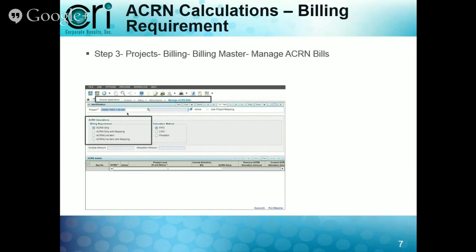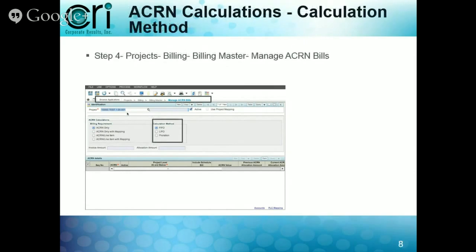So not only can I say this particular line goes to this project level and below, I can also then tie it to accounts and to PLC codes. So I can get pretty complicated using 3 different areas to define my rules as to how the billing requirement looks at the calculation.